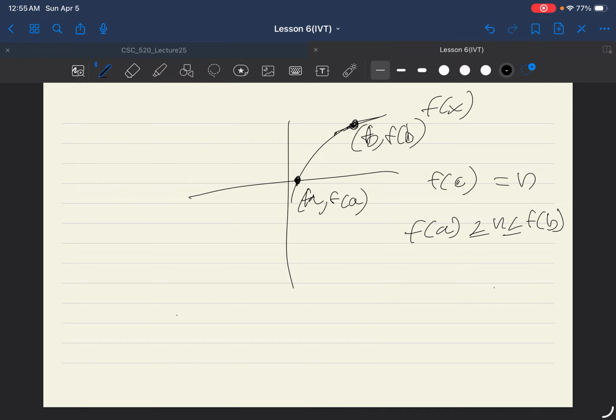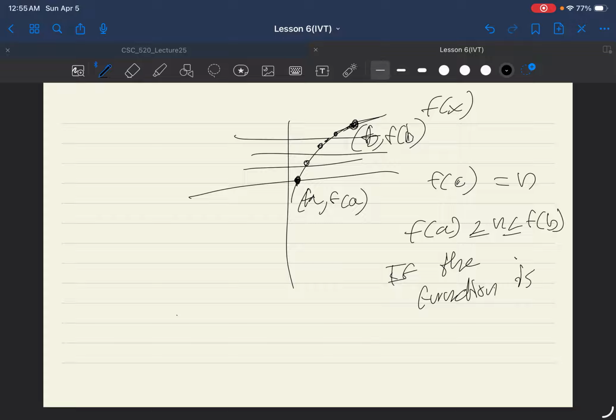Meaning, no matter which point you choose, there must be an x value for that particular y value if the function is continuous.